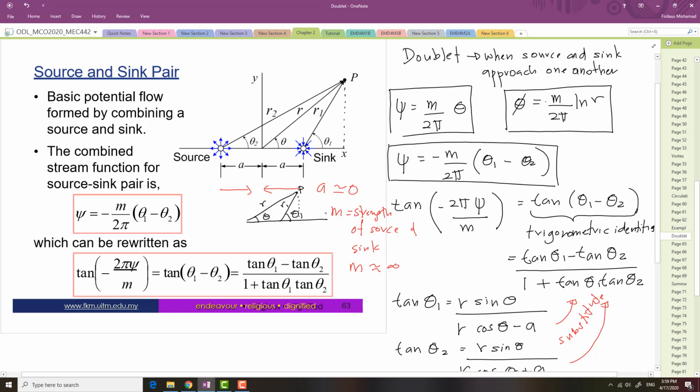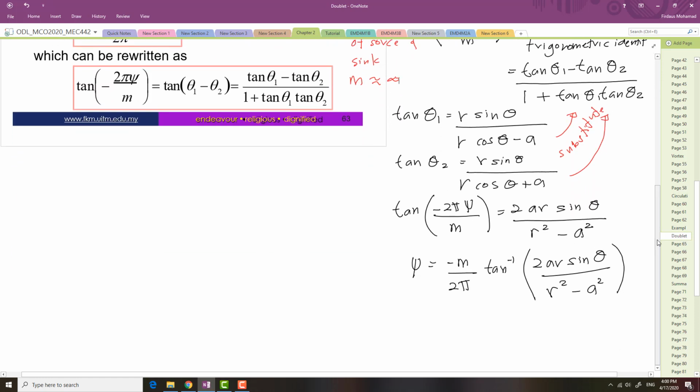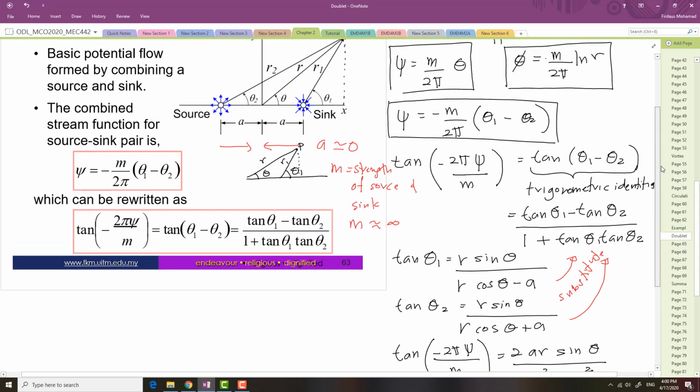So this assumption will be used to obtain a more simplified equation for the stream function. Okay, so let's move to the next slide.